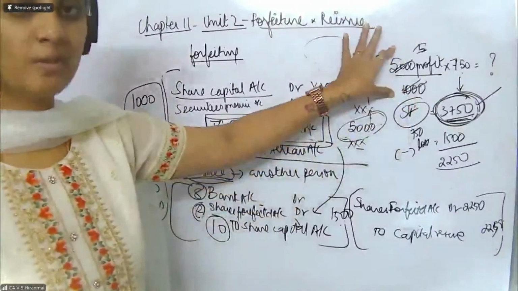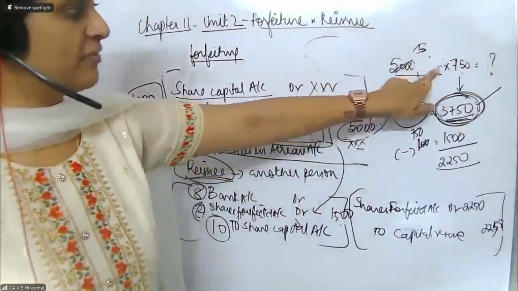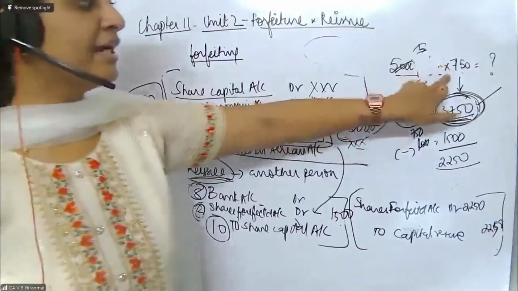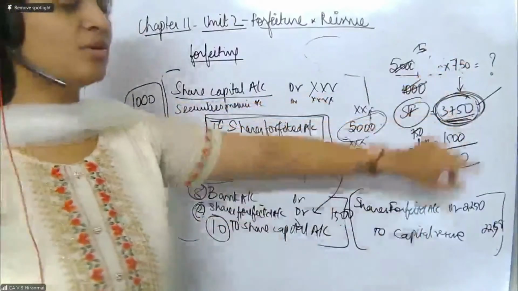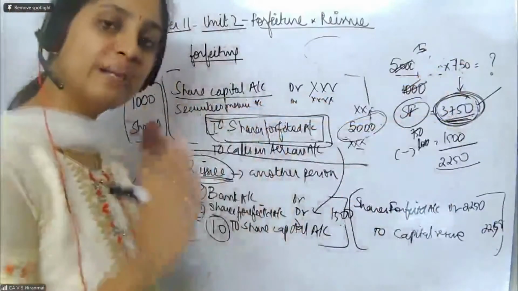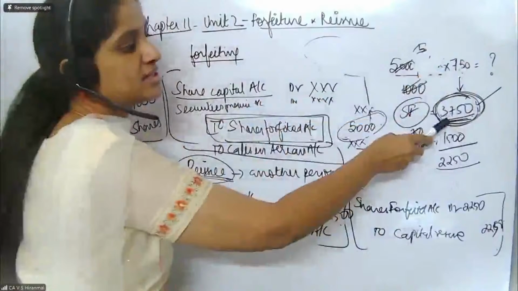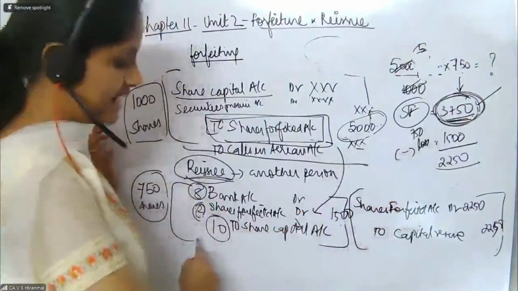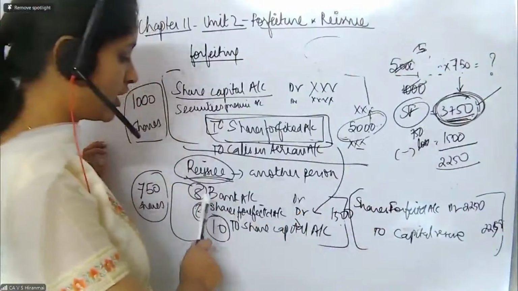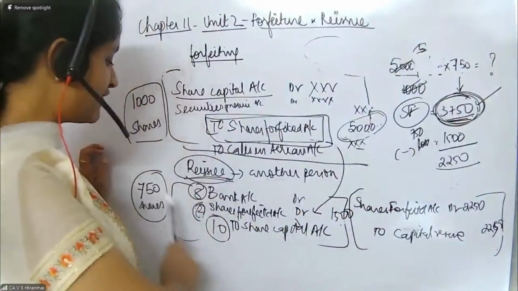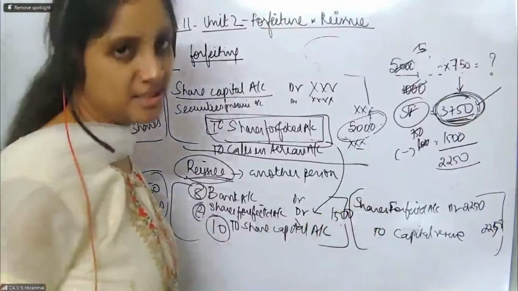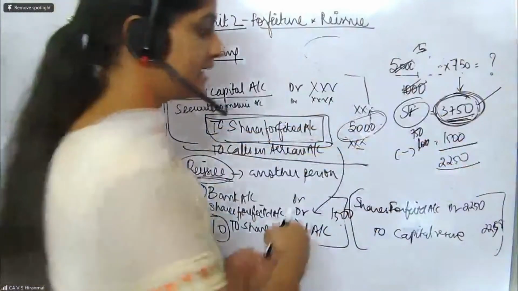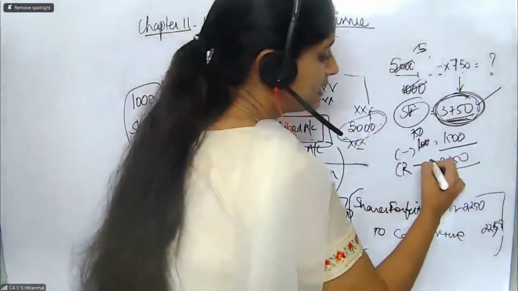The shares forfeited amount 5000 divided by 1000, into 750. So the actual value of shares forfeited pertaining to 750 shares is 3750. Minus, when I did a reissue, I got a loss of 2 rupees, so 750 shares into 2 rupees is my loss. Now when I subtract both, the value that I am getting is my capital reserve value.